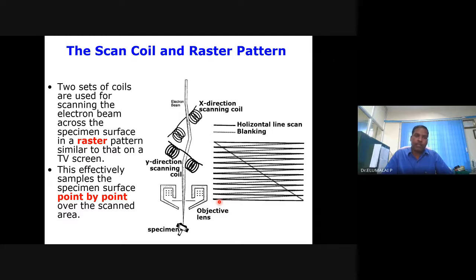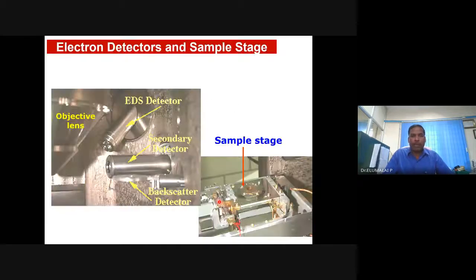Point by point scanning, we call it raster patterning, point by point, not just once. And the electron beam provides such a facility to have point by point patterning, that is, scanning.